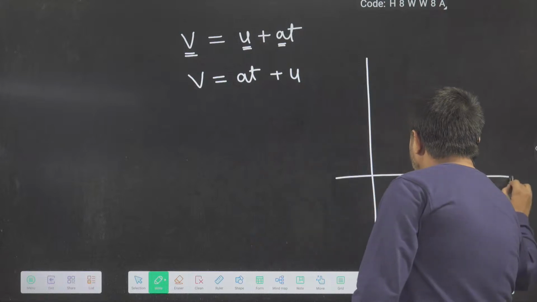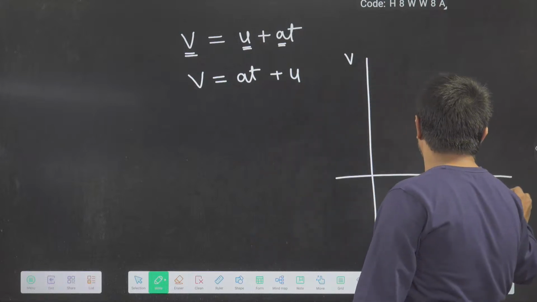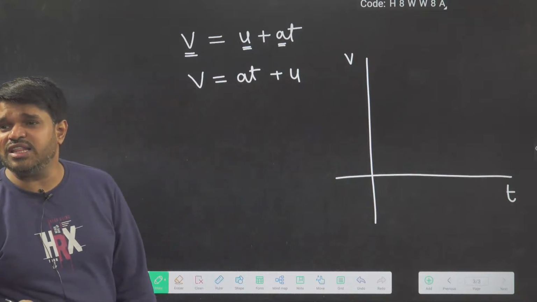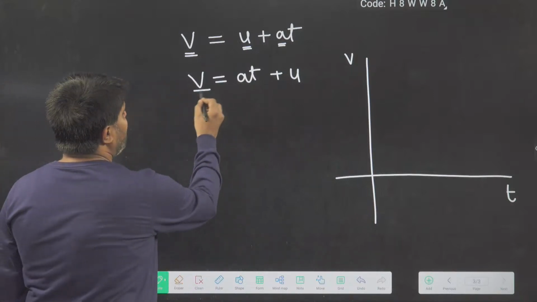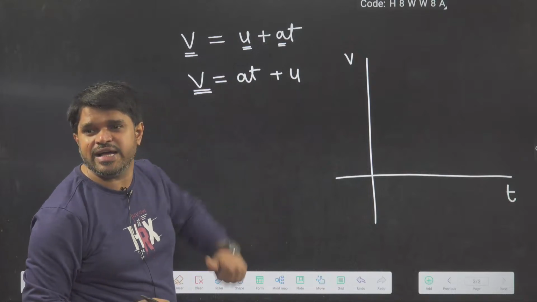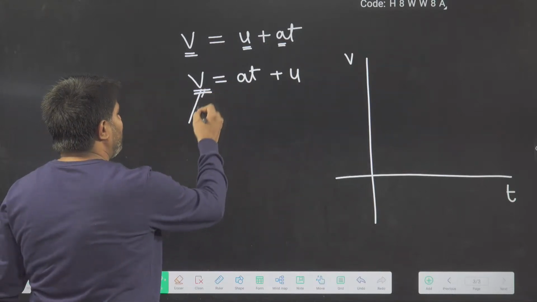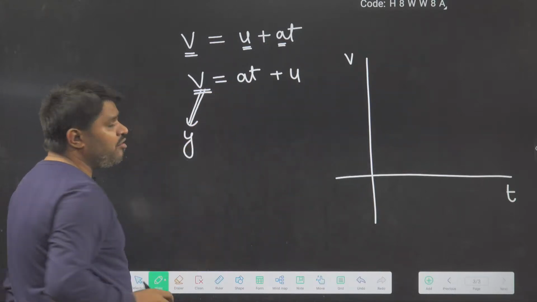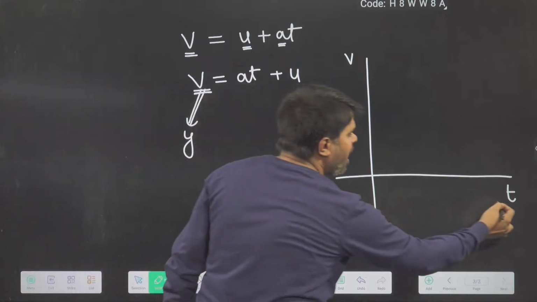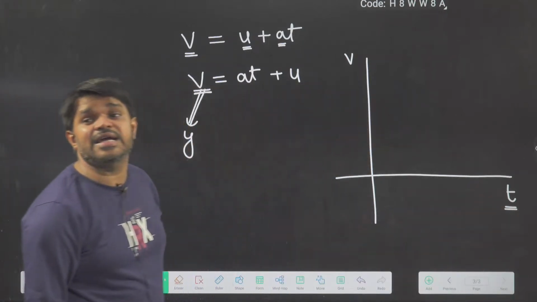Now I am going to draw the graph between velocity and time, v and time. What are the variables here? One variable is v, which is present on the Y axis. So velocity is the variable kept on the Y axis. Time I am keeping on the X axis.